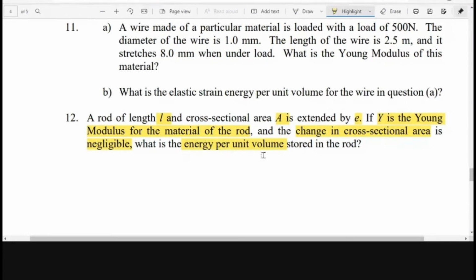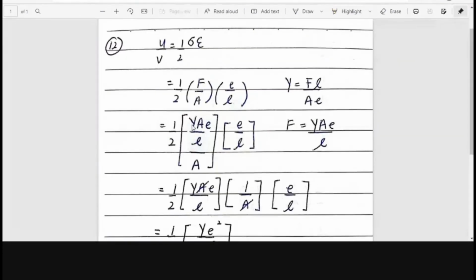Okay, teruskan. Right. So formula dia 1/2 stress strain. Okay, kita substitute lah formula stress dengan strain. F over A darab extension over L. Lepas tu sekarang ni dia tak bagi F. So kita tengok formula yang modulus Y equal to FL over AE.